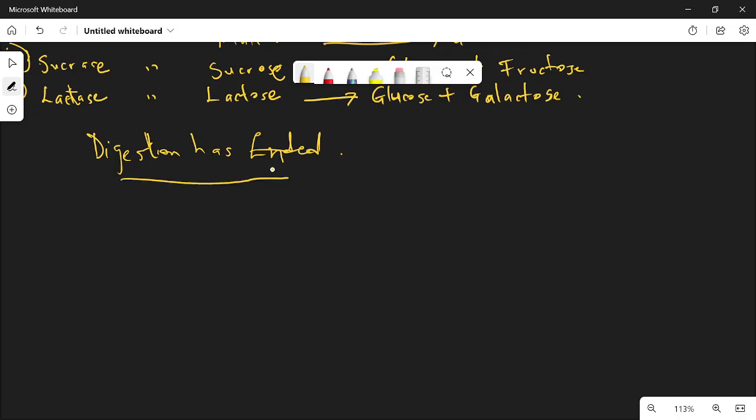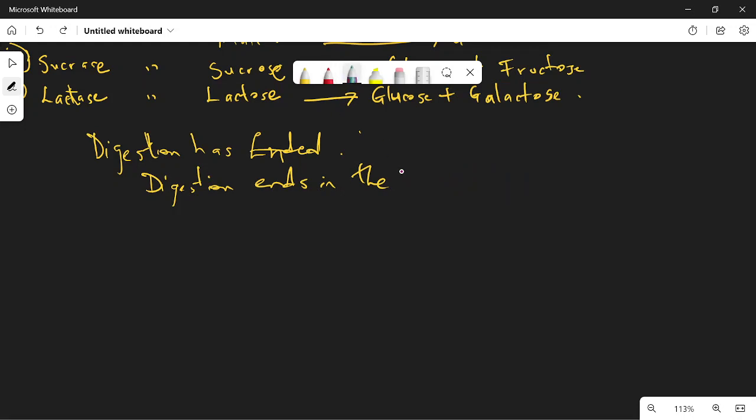So in case you were asked the question, where does digestion end in the alimentary canal? Digestion ends in the small intestine.